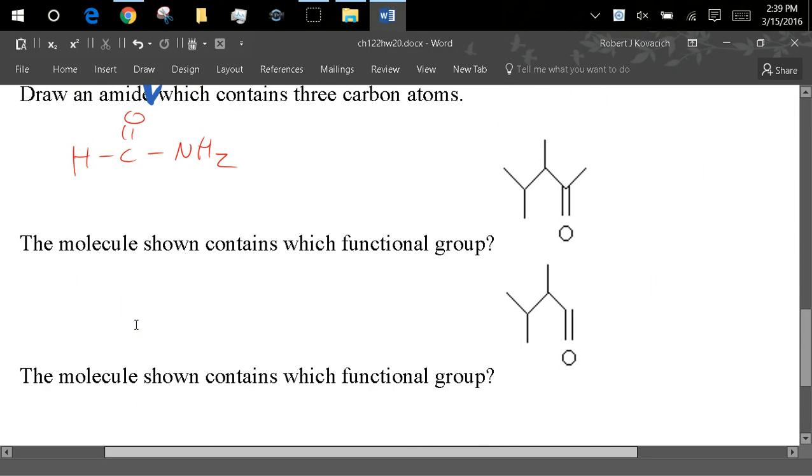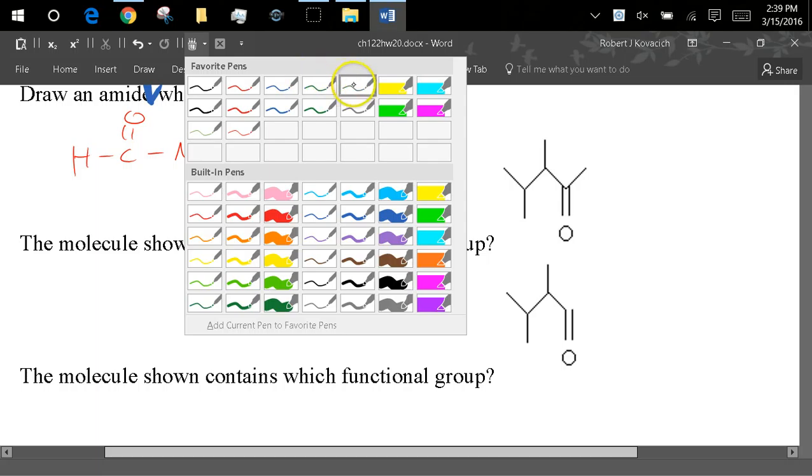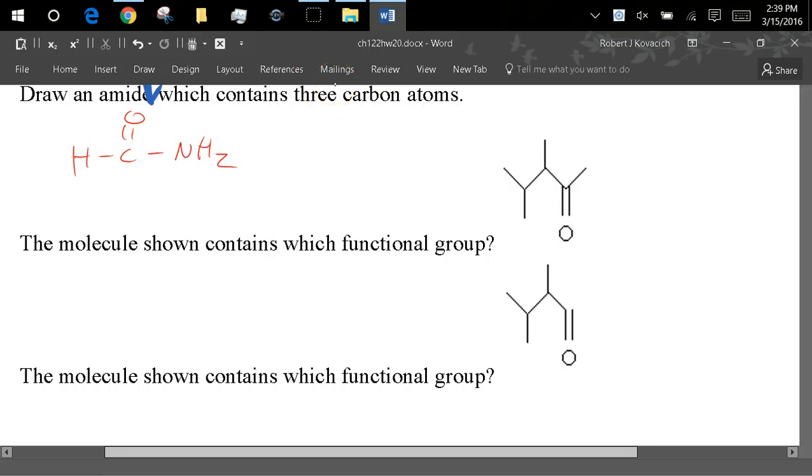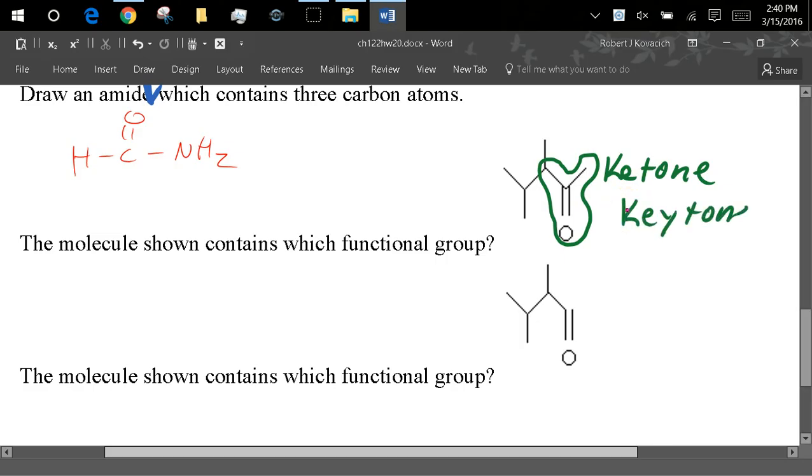Okay. What's the functional group on this molecule? Carbonyl carbon with carbons on both sides, ketone. This is not a thing.